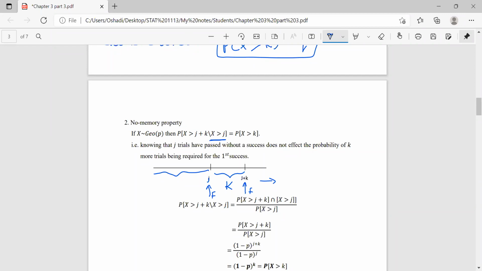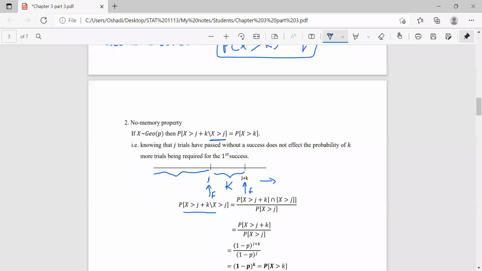Right? So we can prove it. How? We know that this is a conditional probability value. A given B means a conditional probability. So we can write it as P(X greater than J plus K intersection X greater than J).